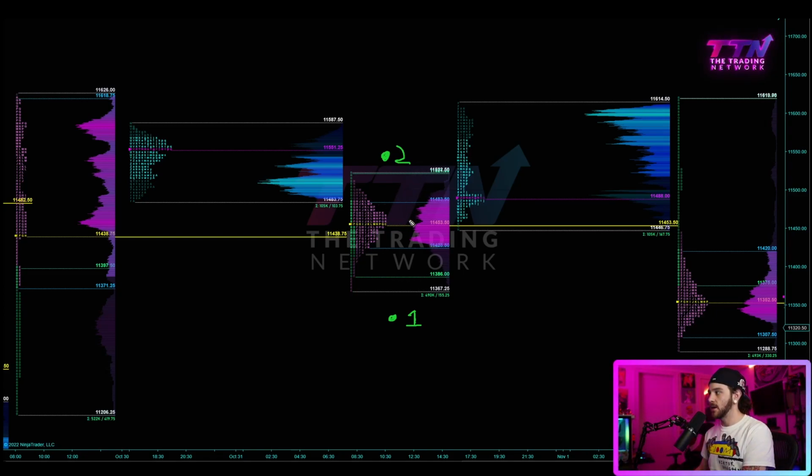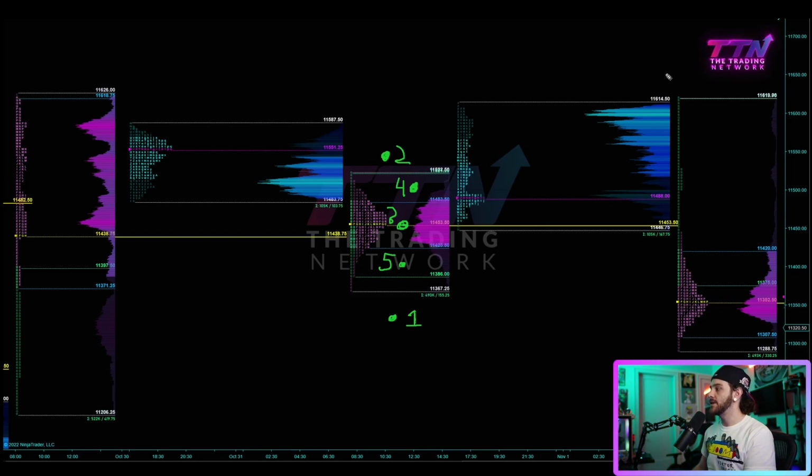We can open within value, which is inside the value area, notated by these blue lines here. We can open above the value area but within range, which is right here. Number 4, we are above the value area, but we are still within the range. And last but not least, we can open below value, but within range.